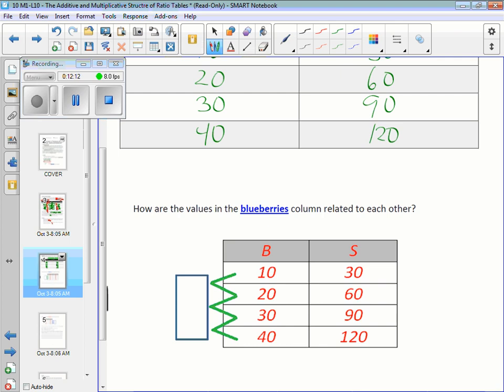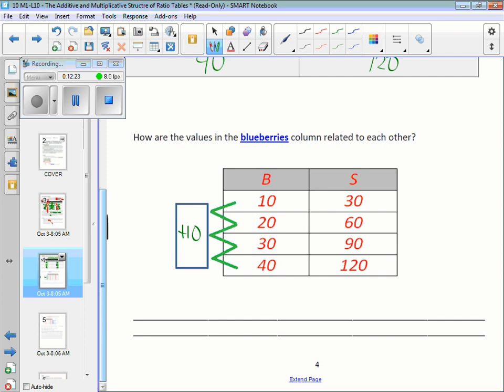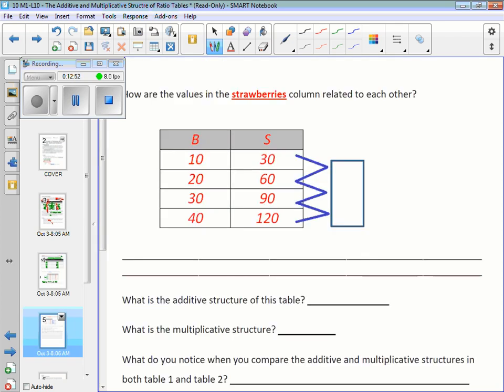And there is going to be a point to all this here in a minute. John? Plus 10 on the left. So we could say the additive structure on the left is plus 10. Fill that in on the bottom. Put your plus 10 in that box too. And then flip the page and do the right side additive structure.